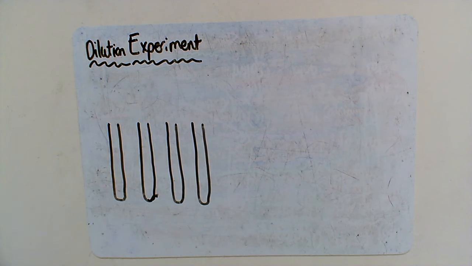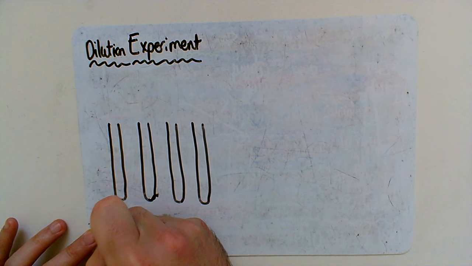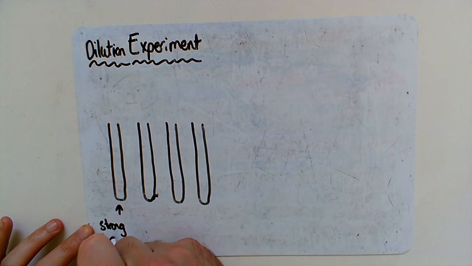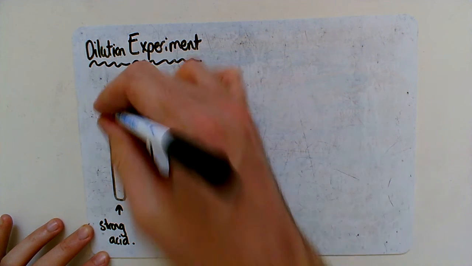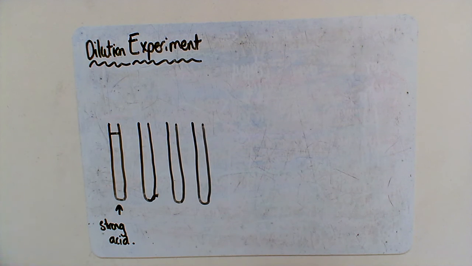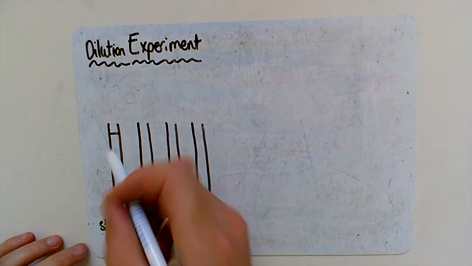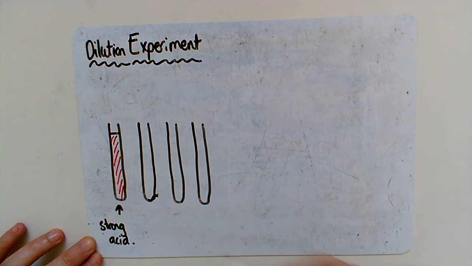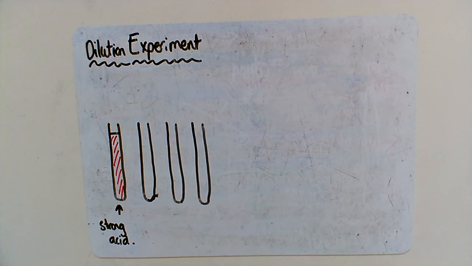Now what we do is we add some strong acid in here. And we fill it up to 10 milliliters. So every experiment is going to have 10 milliliters. And because it's a strong acid, the universal indicator is going to be red.